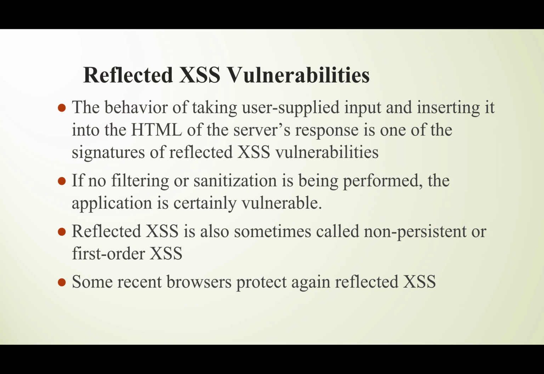A lot of my examples displayed it locally, but if you don't take any steps to prevent it, if you don't look at the input and make sure that it's well formed, you're certainly vulnerable. And again, this is non-persistent, also called first order cross-site scripting.